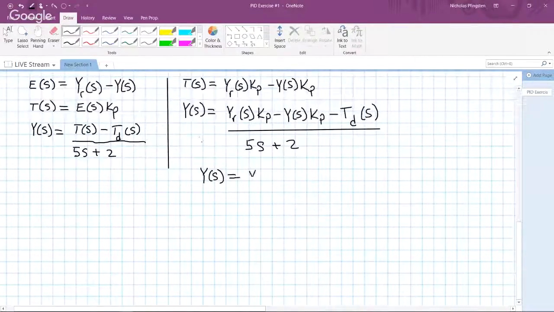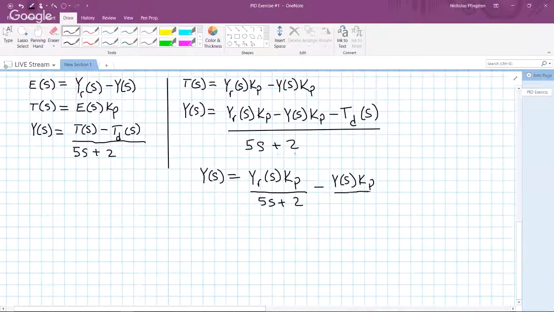So we'll have capital Y sub R of S, KP, over 5S plus 2, minus Y of S, KP, over 5S plus 2, minus TD of S, over 5S plus 2.